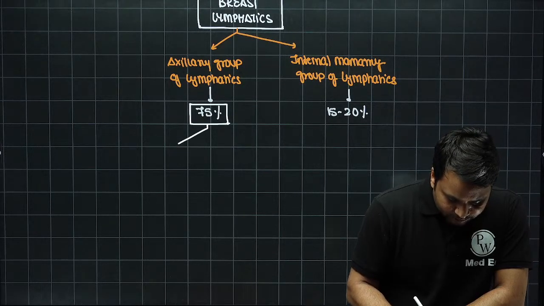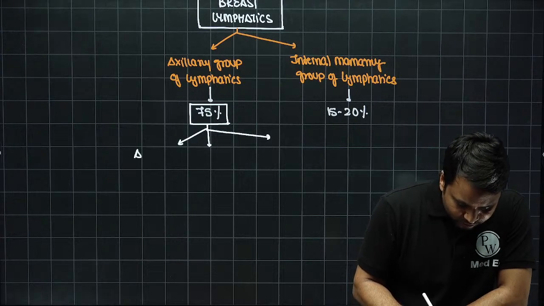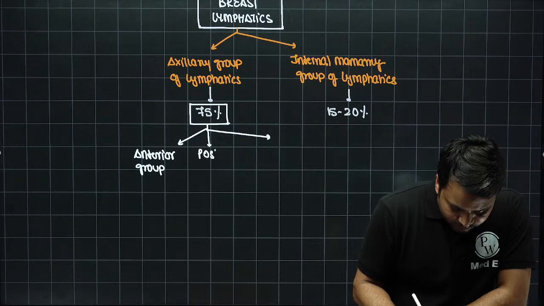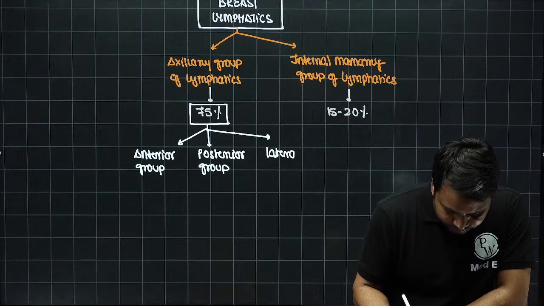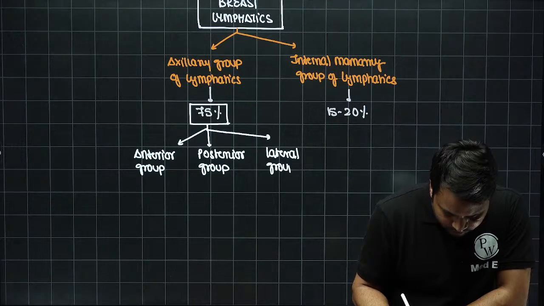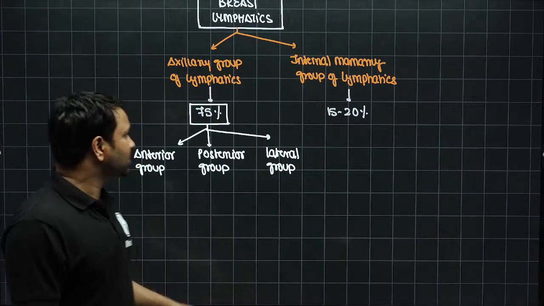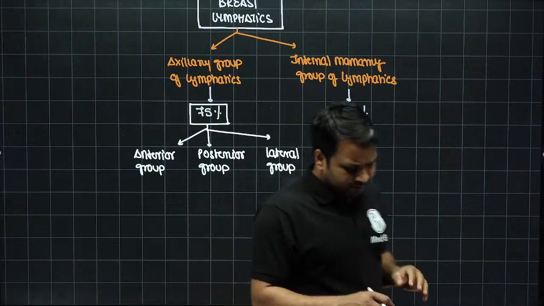Usually it is along the blood vessel, but we have an easier depiction to give also. We have the anterior group, the posterior group, and then the lateral group of the axillary lymph nodes, and together they are going to drain the breast per se.